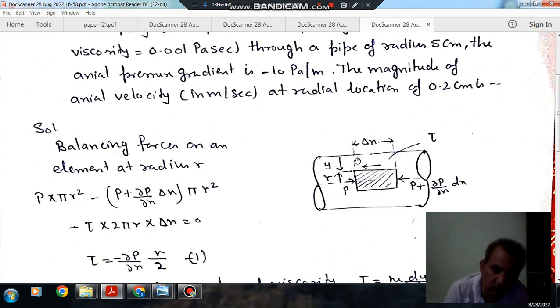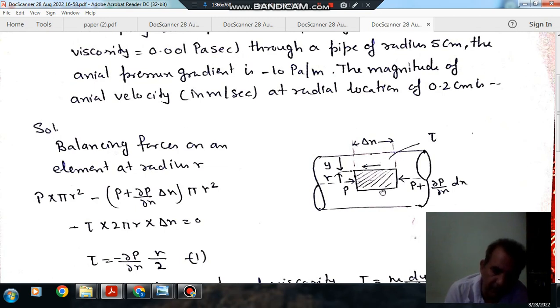So consider this pipe, and the flow is taking place in the pipe in the right direction. Now consider a small element of radius r.